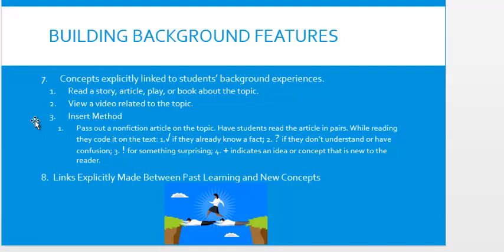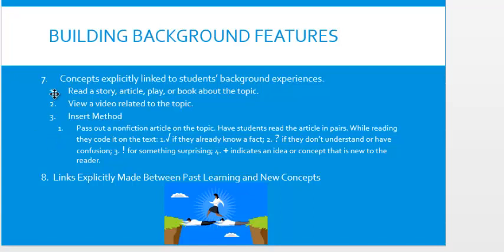Number 7 is that the concepts need to be explicitly linked to the students' background experiences. And because our students are coming from other nationalities, other cultures, we really have to pay attention to that more so with our ELLs even than with our native Americans and native English speakers.